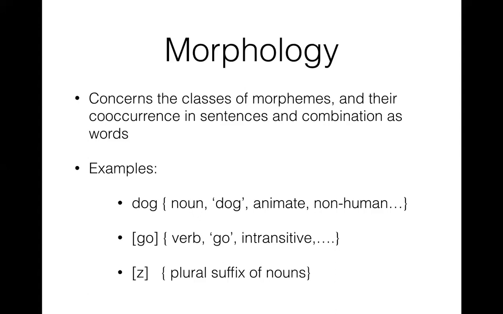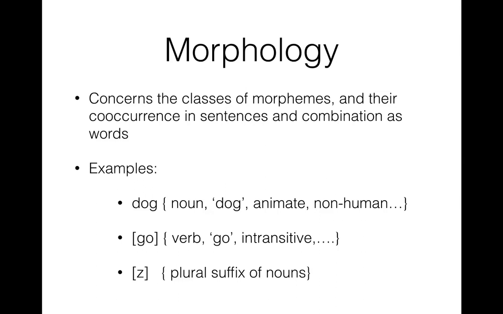So go is a verb, it means to go, and it's an intransitive verb as opposed to a transitive verb, which takes a subject and an object. An intransitive verb, go, can only take a subject, right? So the dog is going, or the dog goes, but you cannot say the dog goes the cat, right? That's not allowed with an intransitive verb.